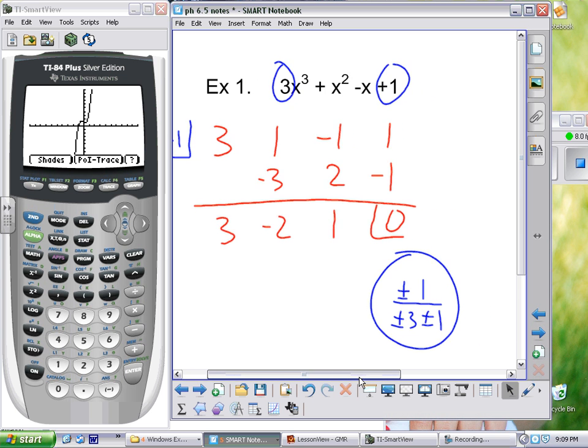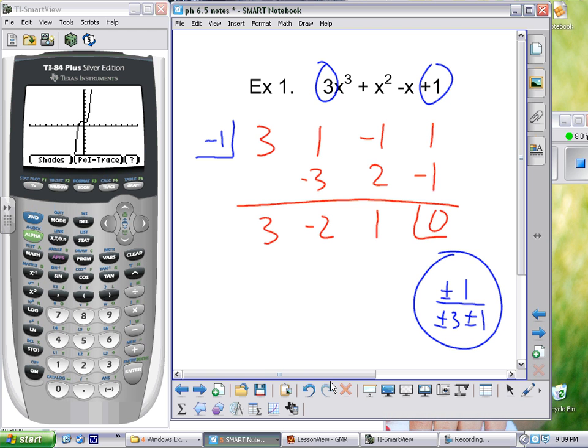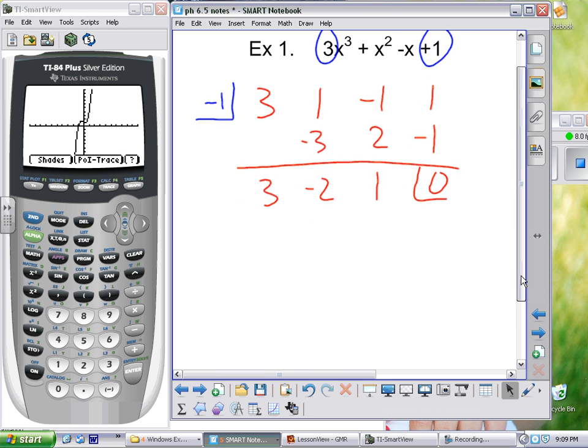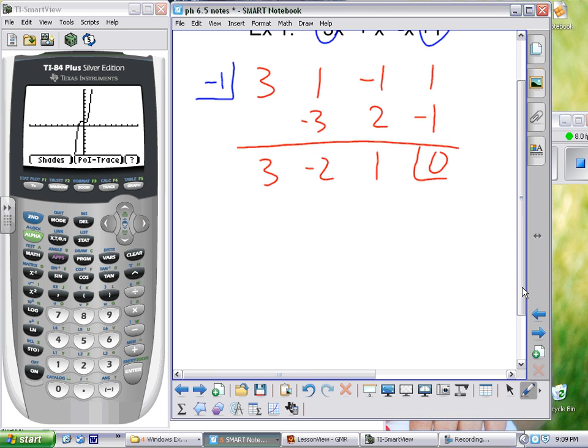Which is what we're expecting, because when I put that root in the box and divide, I better get 0 as my remainder. So now I'm left with this quadratic of 3x squared minus 2x plus 1.